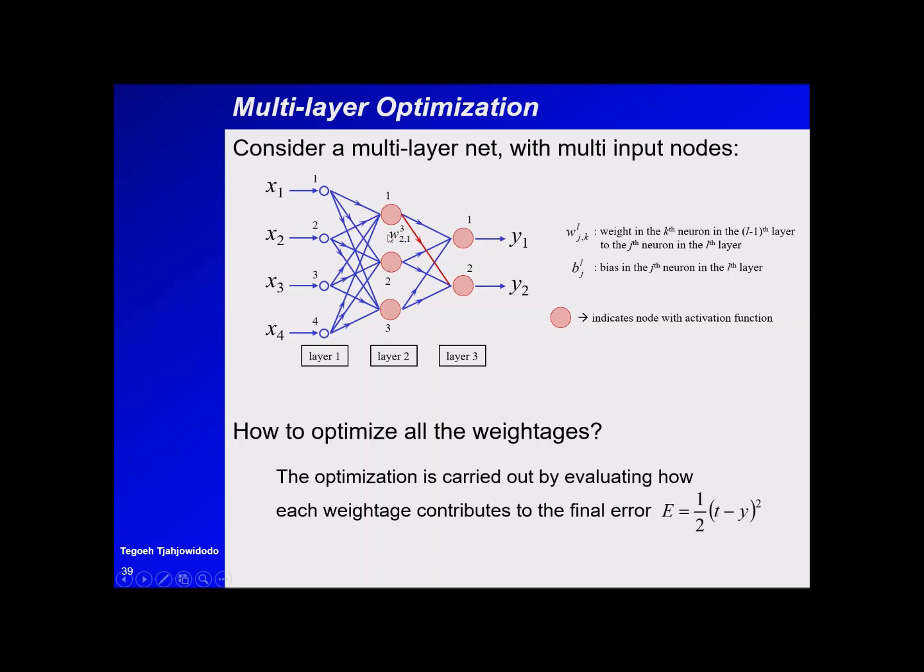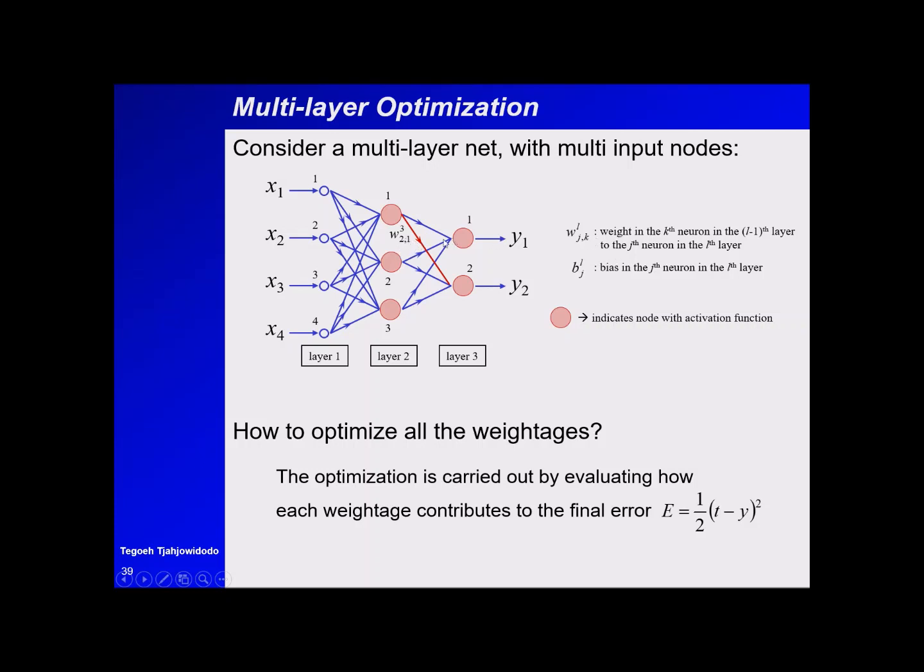So if you look at this net, I will assign the weightage in this connection to be W subscript 2,1 with a superscript of 3, which means this is a weightage in the first neuron.